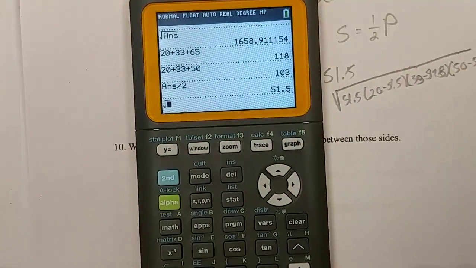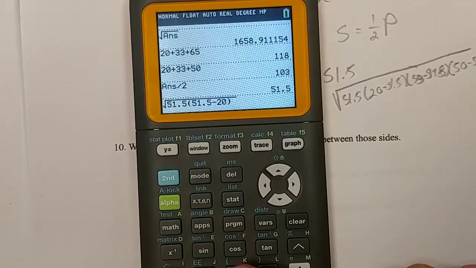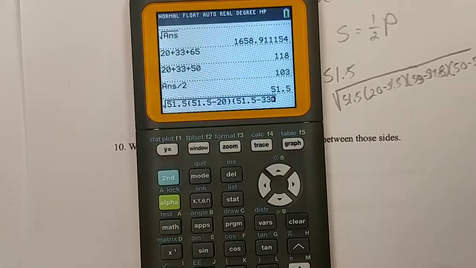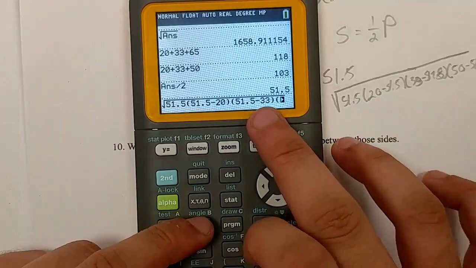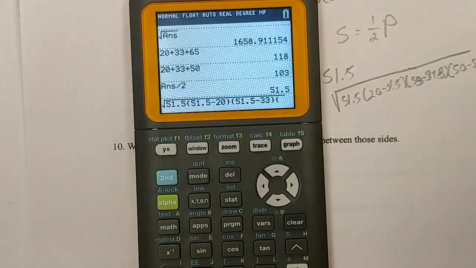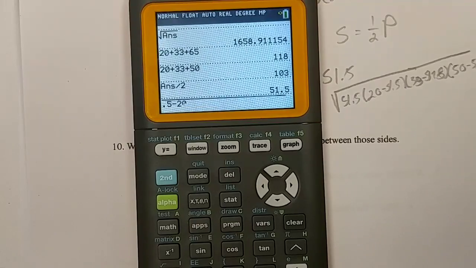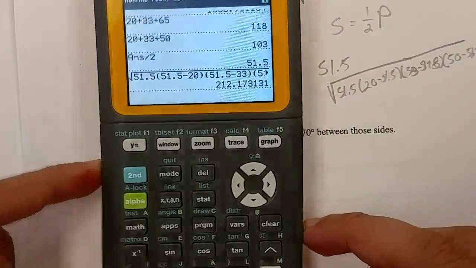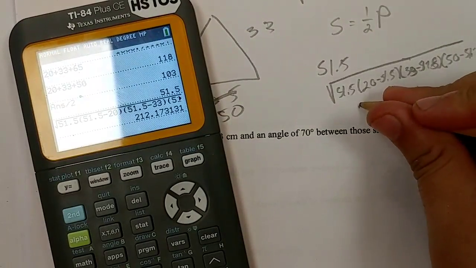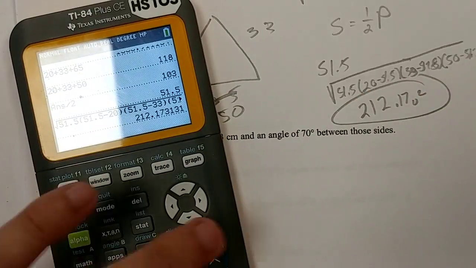So the square root of 51.5 times 51.5 minus 20 times 51.5 minus 33 times... Now I could do these in my head, like 51.5 minus 20 is 31.5, but I know in the finals you'll be stressed out, so there's no reason to risk doing it in your head. So that answer is 212.17 units squared, because I didn't give a unit for that.